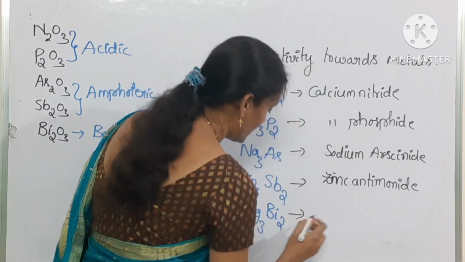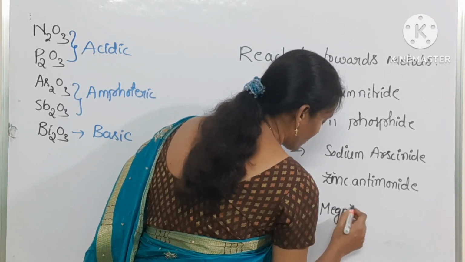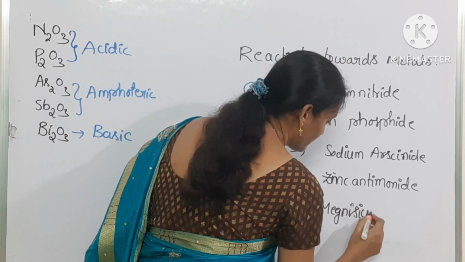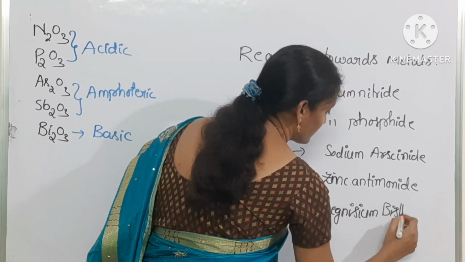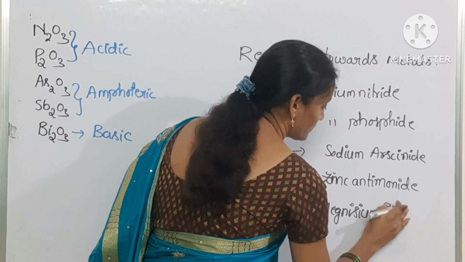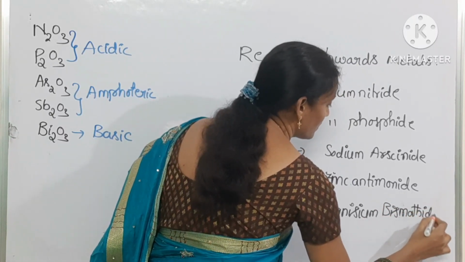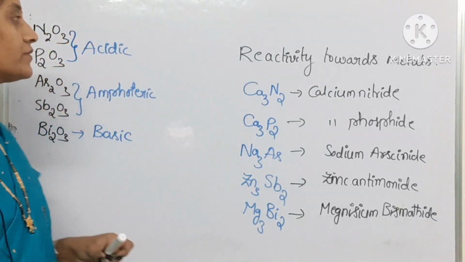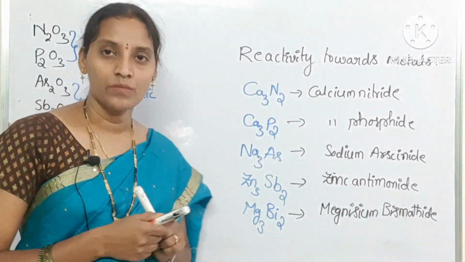This one is magnesium bismuthide. See, these are the binary compounds of 5A group elements, reactivity towards metal atoms.